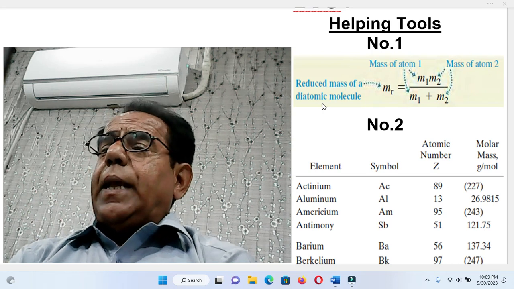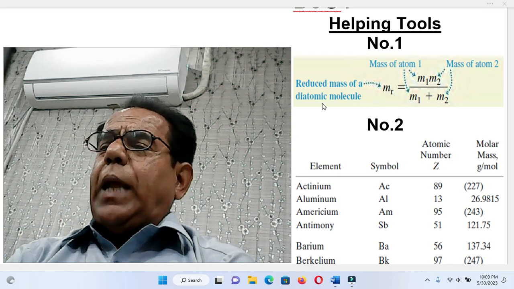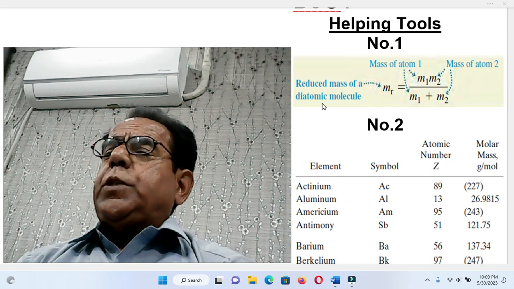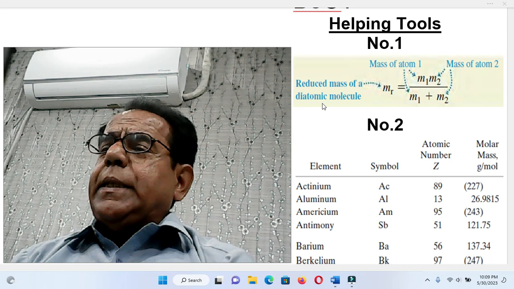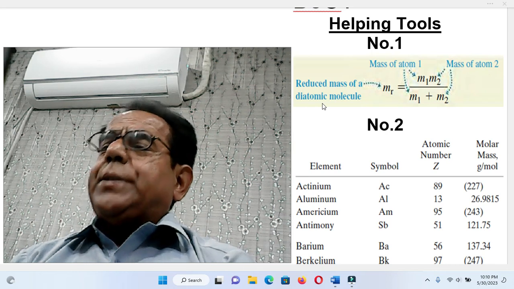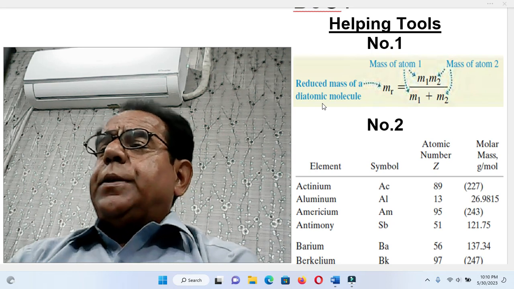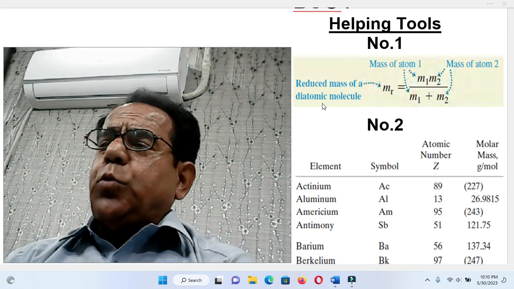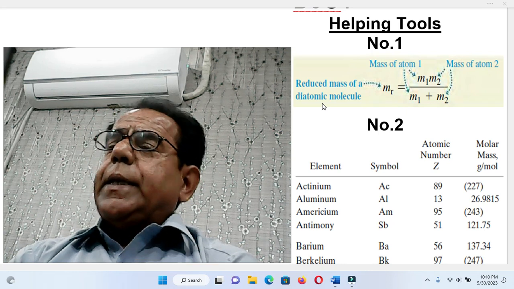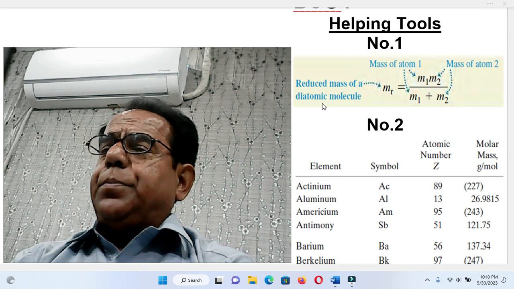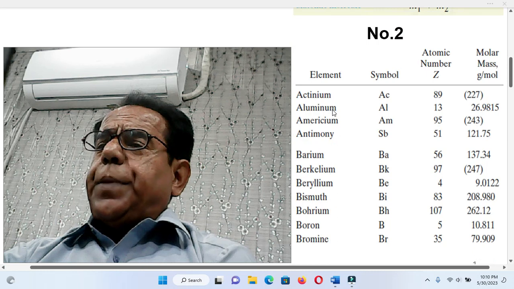Reduced mass of a diatomic molecule Mr is equal to the product of those two atoms in the numerator and the addition of those two atoms in the denominator. Reduced mass Mr is equal to M1 into M2 divided by M1 plus M2. Now we move to table number 2.